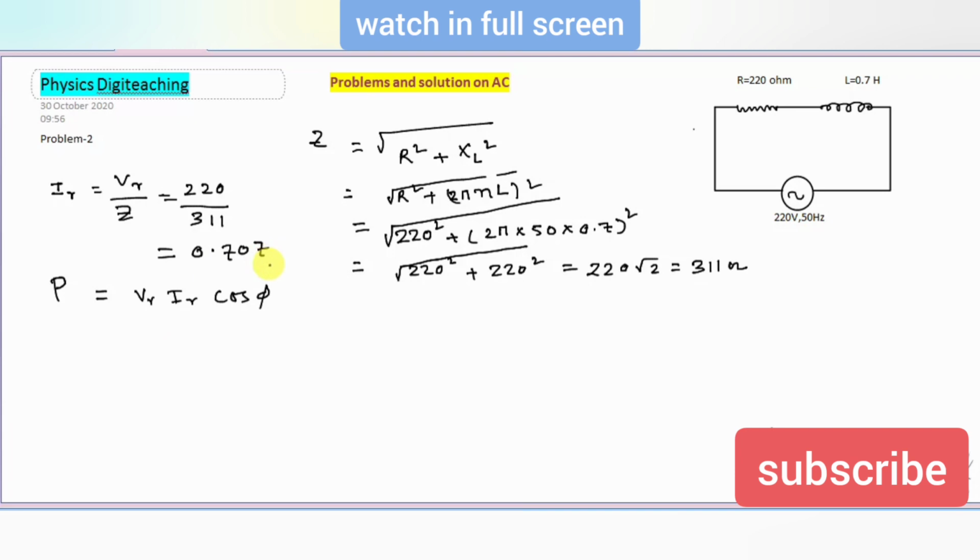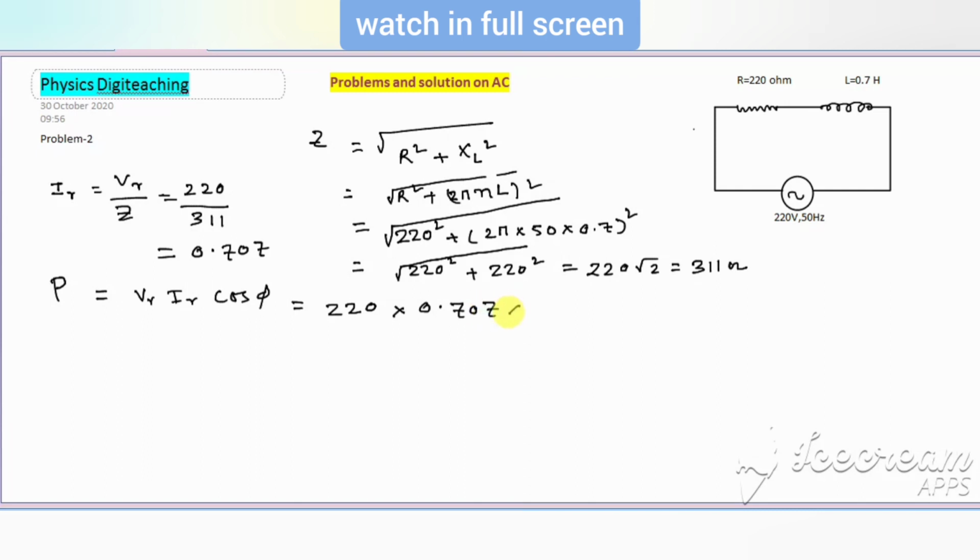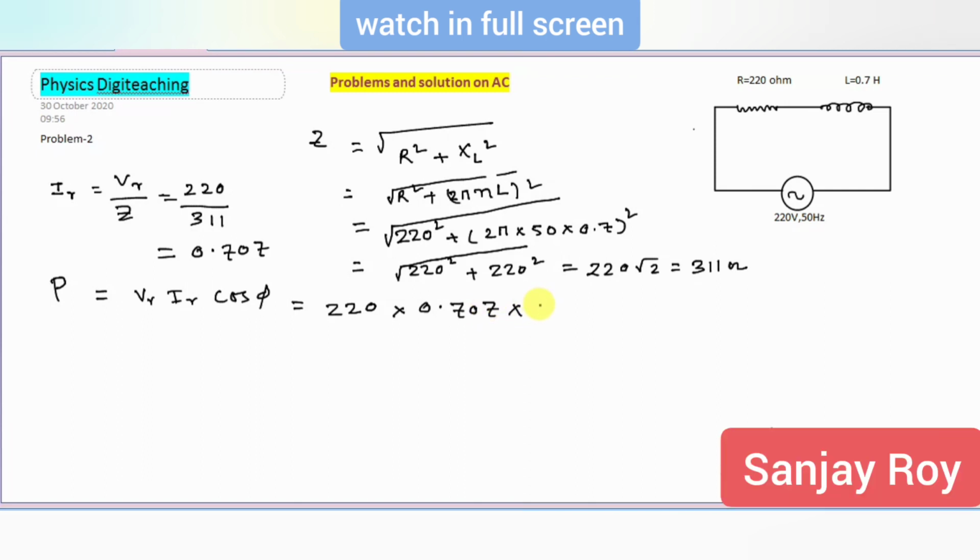Vrms equal to 220 volt, Irms we already got 0.707, into cos phi, the power factor, that is R by Z. The power factor formula is R by Z, then 220, 0.707 approximately 1 by root 2, into R equal to 220 ohm and Z equal to 311.